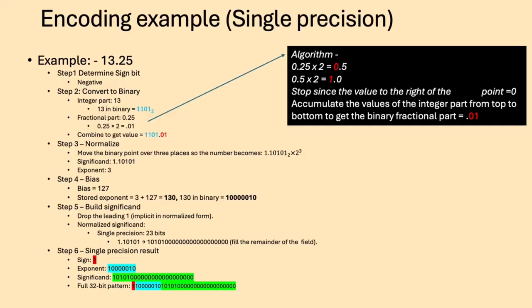If you're wondering about the exponent 3, recall that when we shifted the number, we shifted it 3 places, and this is why we have the exponent of 11 binary. We'll be giving you some more examples soon. Hopefully, it's clear enough from what you see there.